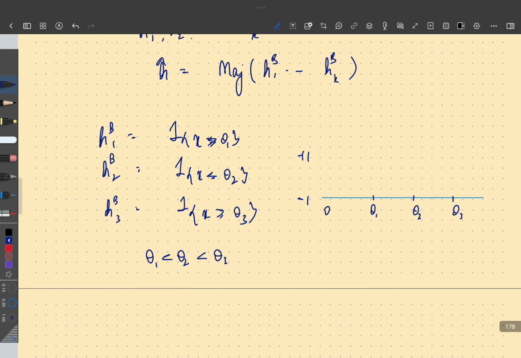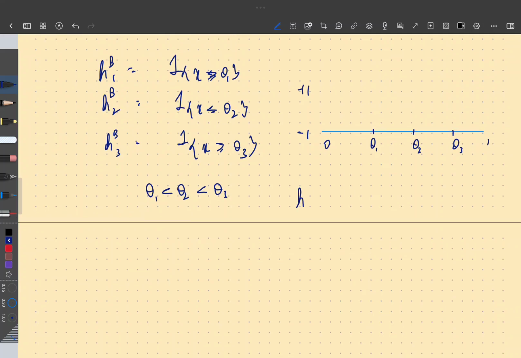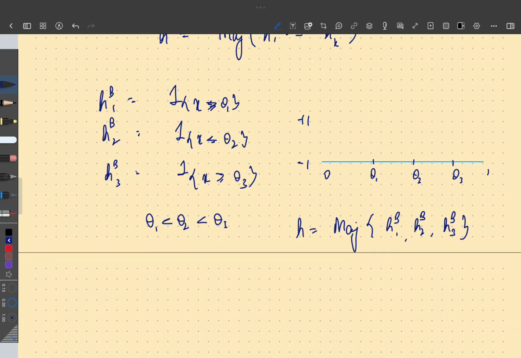Let's suppose that we are trying to classify in the interval from 0 to 1. There are 4 different regions. If I take H to be the majority of H1b, H2b, H3b, then what does this classifier look like?